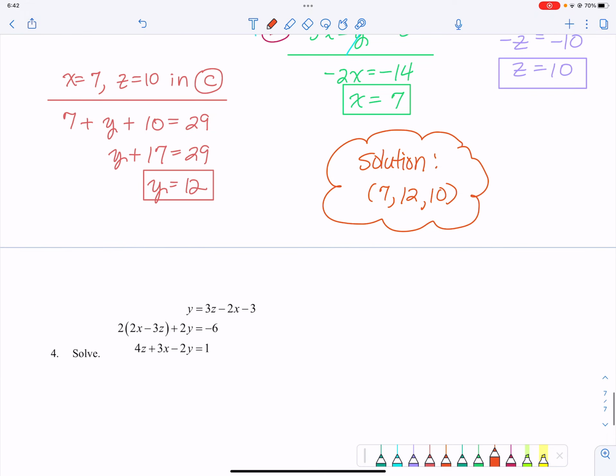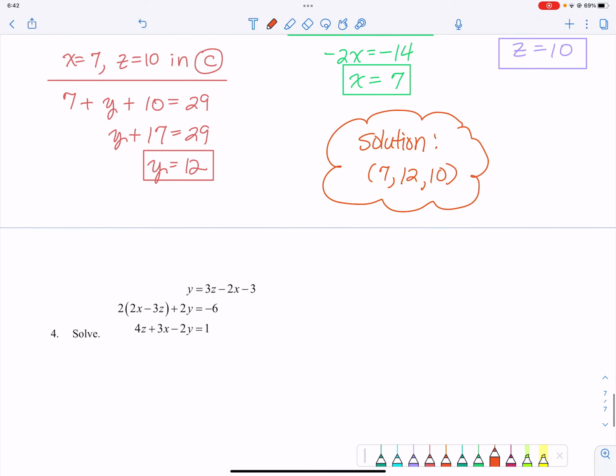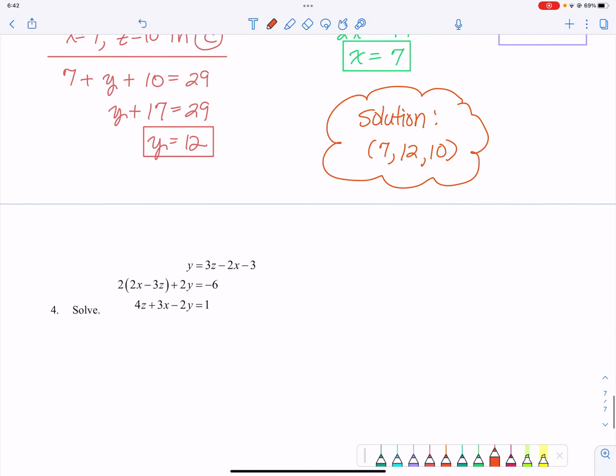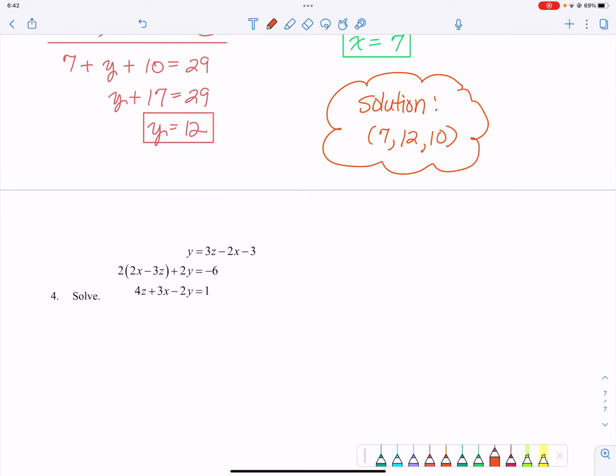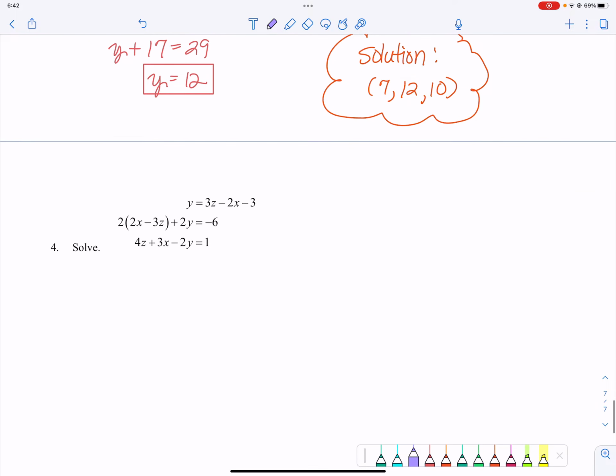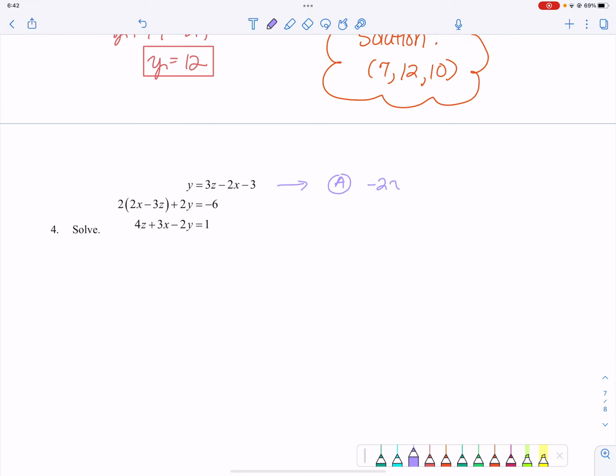Okay, let's look at number 4. So in number 4, as you can see, we have some cleaning up to do. So let's go ahead and clean these up first. So here we'll call this equation A, and we'll have -2x. Well, we're going to have to move that to the other side.